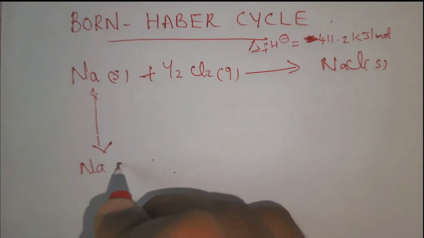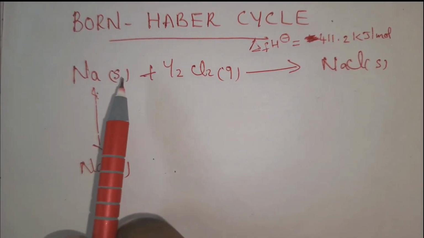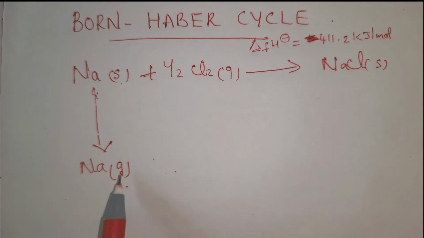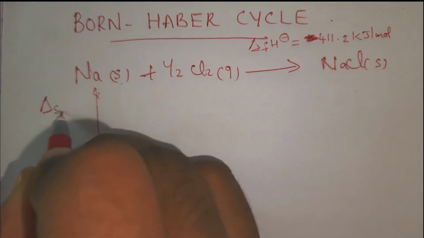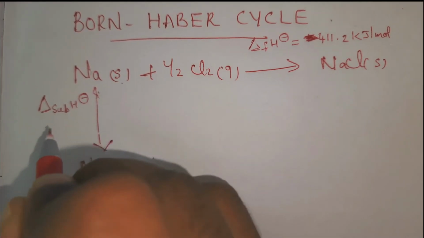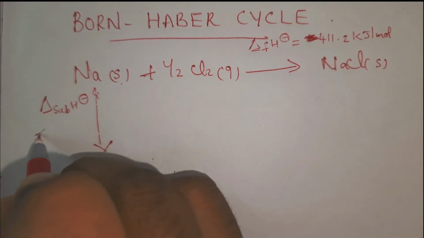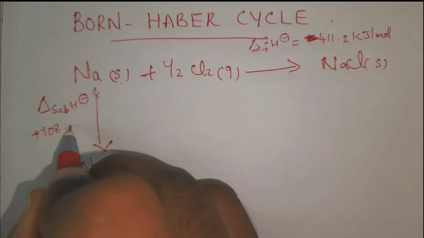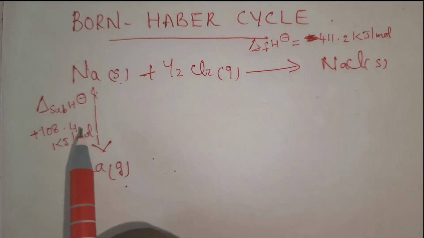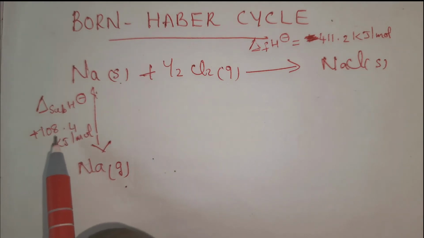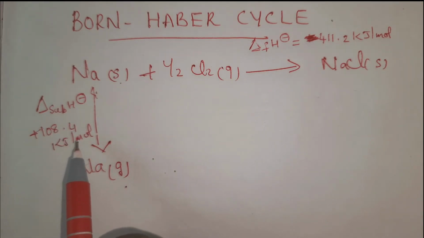To convert solid state to gaseous state directly, it is sublimation. So you have to write delta of sublimation, enthalpy of sublimation, and that value is given as plus 108.4 kilojoules per mole.